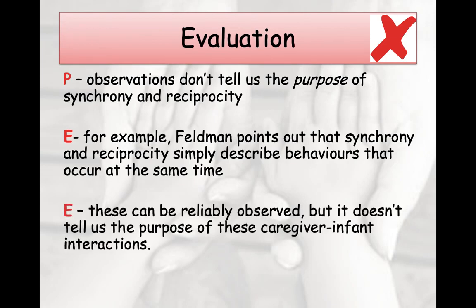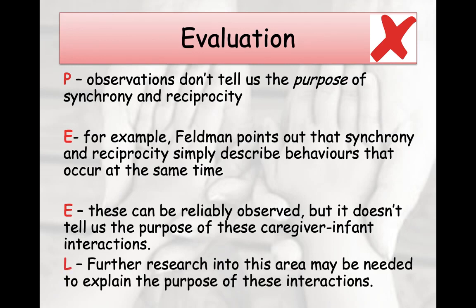So why are those interactions taking place, and how does that form an attachment? They basically just show that they are taking place. So they can be reliably observed, meaning that the chances of them seeing those behaviours are quite high and they're very reliable, but it doesn't tell us the purpose of those interactions.